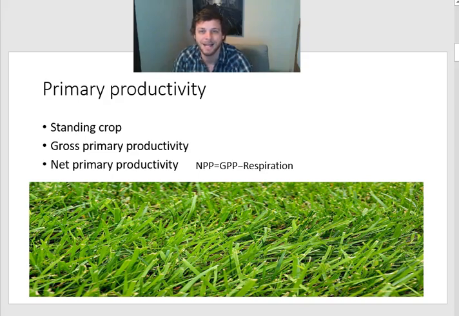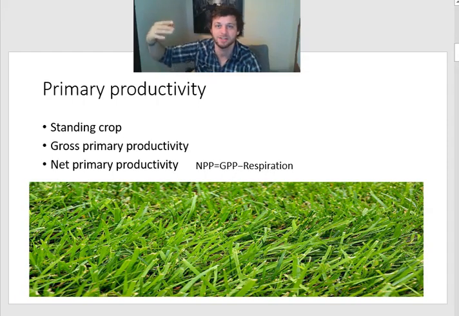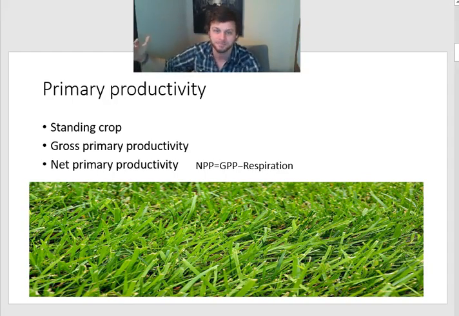Is there going to be a tight link between primary productivity and standing crop? Or your gross primary productivity and standing crop? Maybe. If you think terrestrial-wise, yes, definitely. The more vegetation you have, the more primary productivity, the more standing crop you also have.